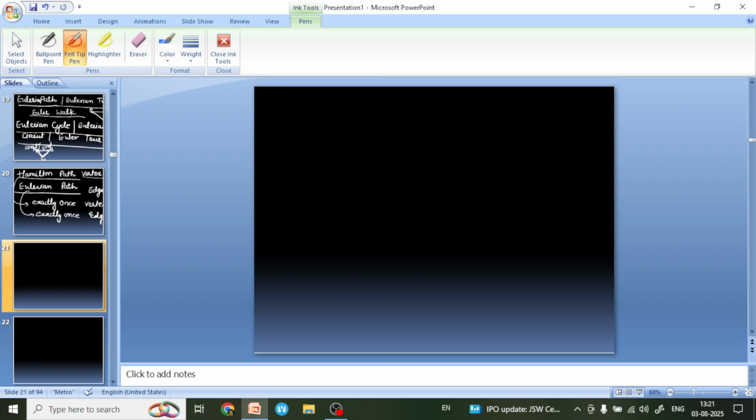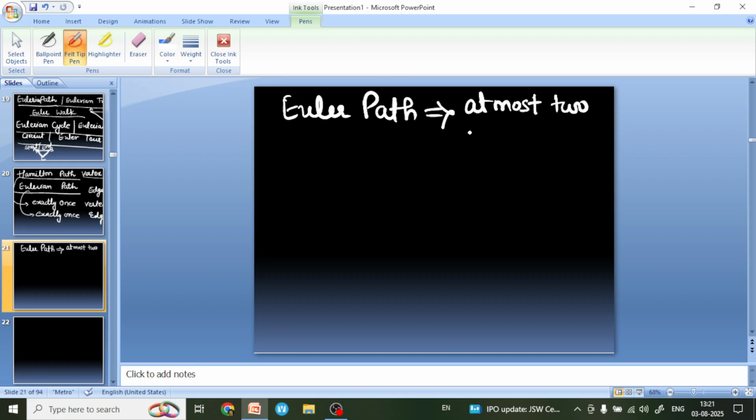And Euler path and circuit: it will contain at most two vertices of odd degree. In Euler path, it includes at most two vertices of odd degree.